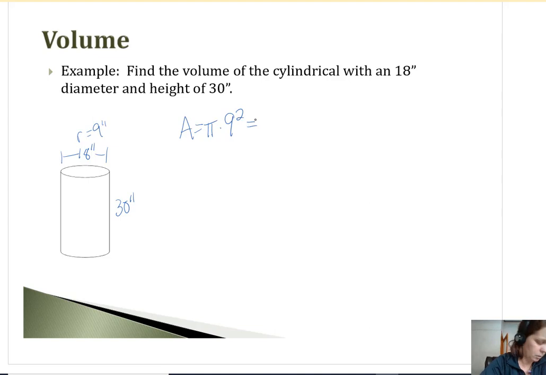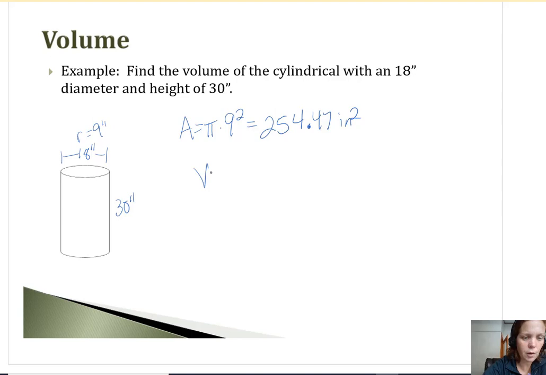So pi times 9 squared is 254.47 if we go to 2 decimal places. And again, you should have this from the surface area calculation, so you can sometimes use that if we also had to find the surface area.